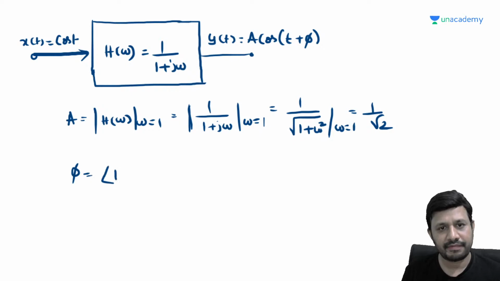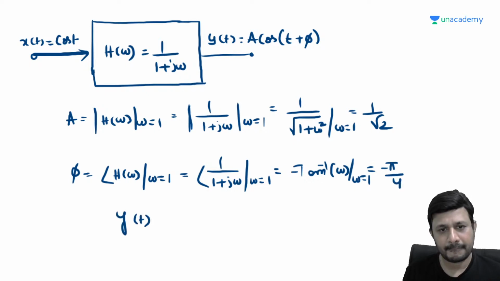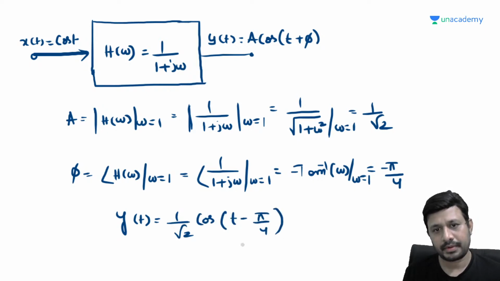The changed phase phi is nothing but the phase of H of omega at omega equal to 1, or the phase of 1 by 1 plus j omega at omega equal to 1, which is minus tan inverse of omega, minus pi by 4. So your y of t will become 1 by root 2 cos of (t minus pi by 4).